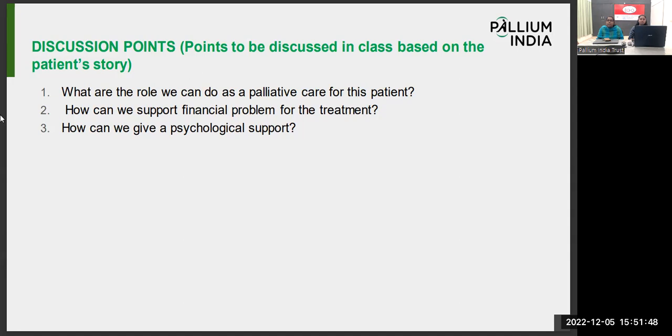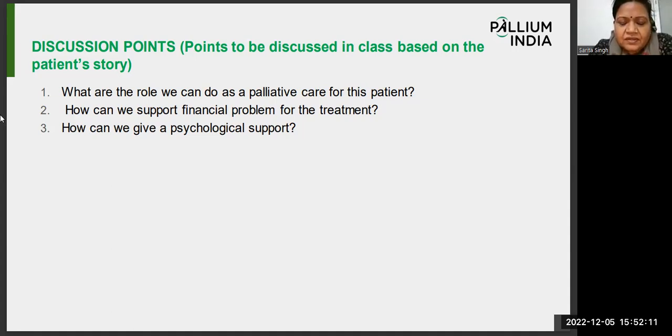Yes. The palliative care support for this patient is very important because we have to see his physical symptoms, emotional, financial, spiritual, all these are involved in this patient. Physically he has loss of appetite and lower limb edema. For loss of appetite, the students have given the answer.